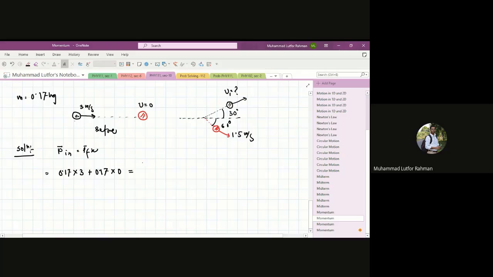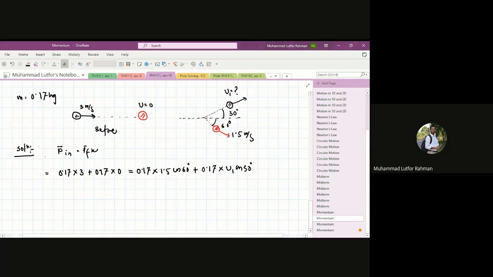This must be equal to 0.17 into 1.5 into cos 60 degrees plus 0.17 into v1, which I'm going to find out, cos 30 degrees.